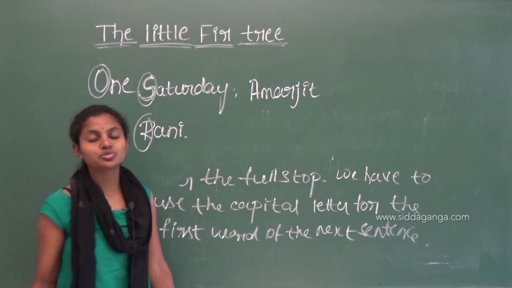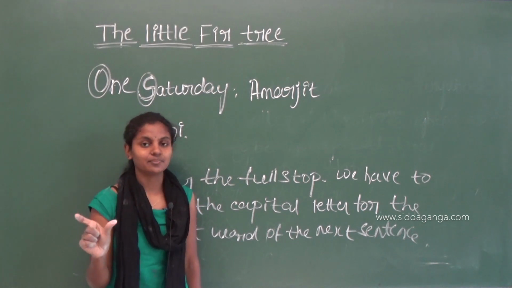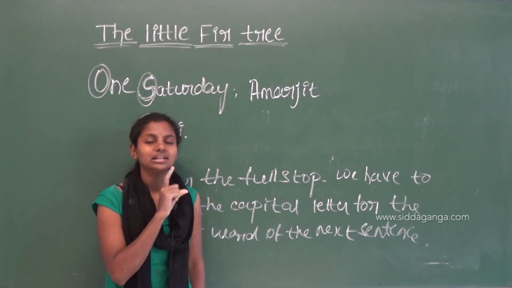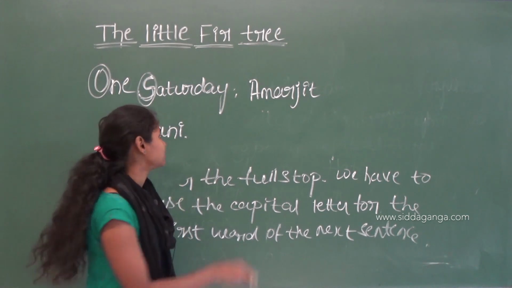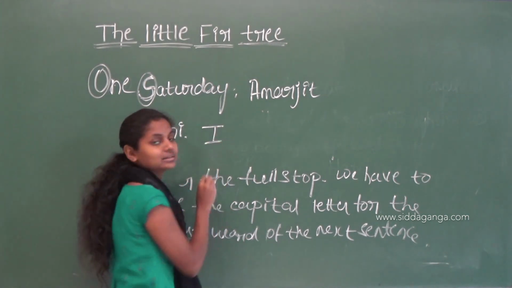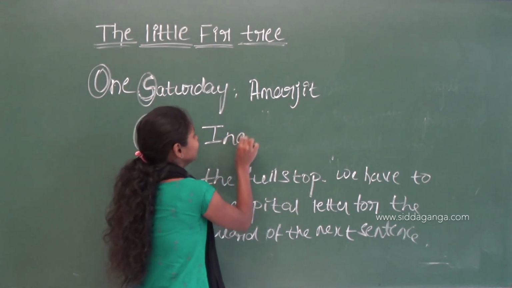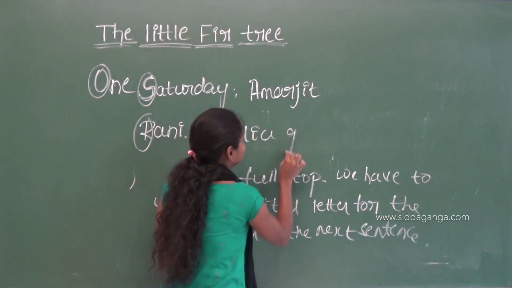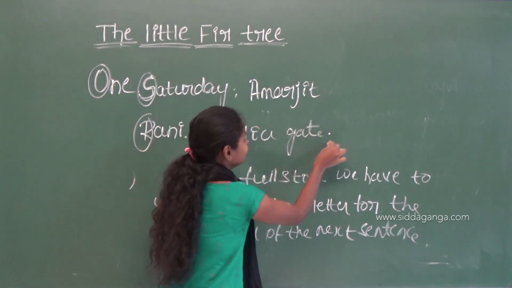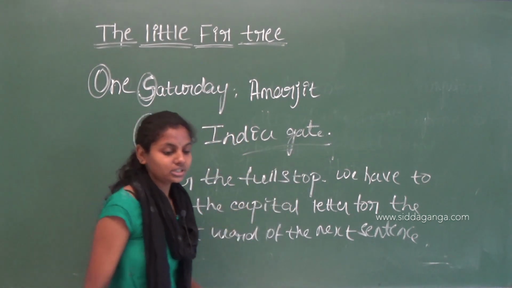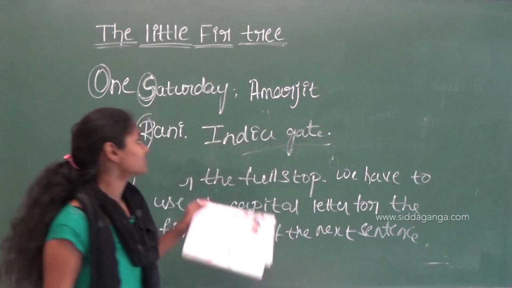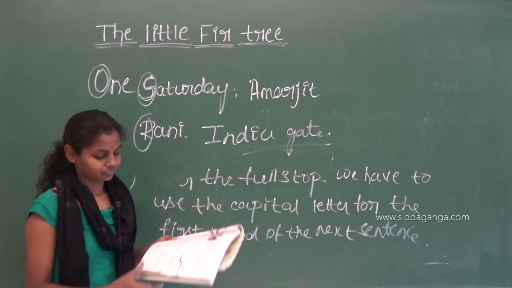Whenever you use I or India in a sentence, you have to use I as capital. Okay, that is India Gate. It is the name of a place, so that also follows the rule, that is India.